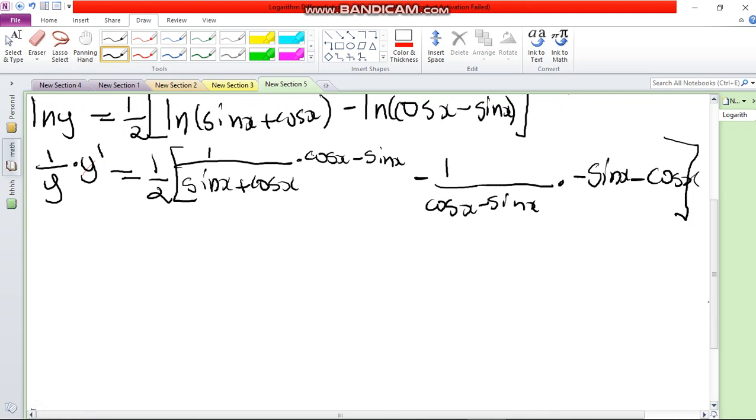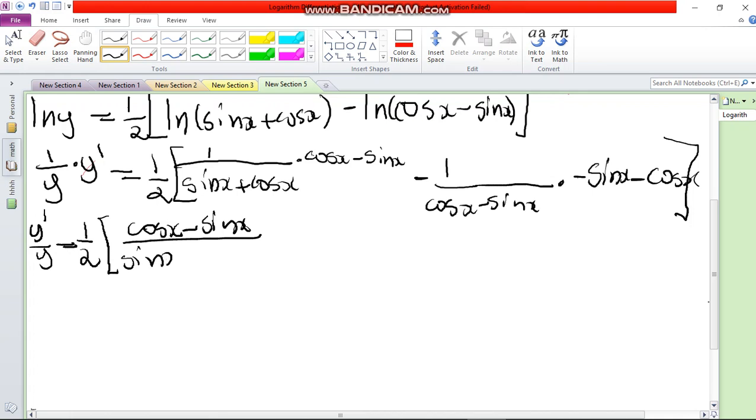So let's continue. This will be y prime over y, which is equals to 1 over 2 into, so on this term I can simply say this is cos x minus sine x divided by sin x plus cos x.